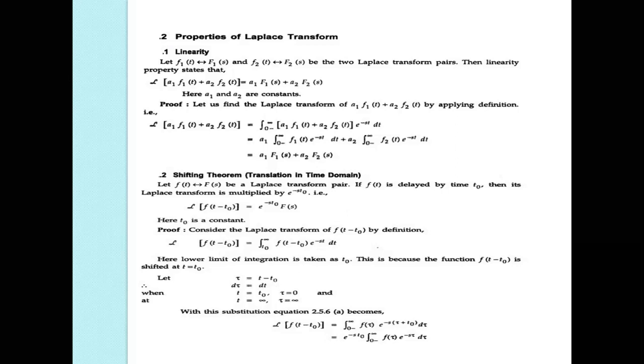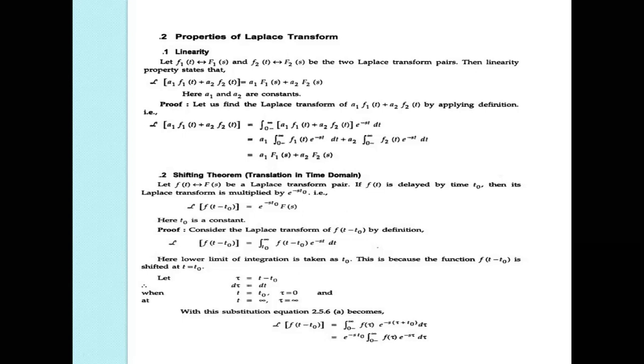Linearity, time shifting, frequency shift, convolution, differentiation, integration, and duality. These are the properties we have learned in the Fourier series and the Fourier transformation. Only the definition is changed; the concept is the same. Only the mathematical expressions for the Fourier series, Fourier transform, and Laplace transformation are different, but the properties concept is the same.